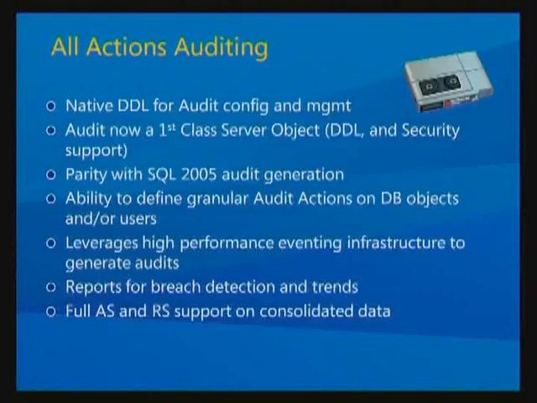There's a parity with SQL Server 2005 audit generation. By that I mean the statement I made earlier that there was instrumentation everywhere in SQL Server 2005. The same degree of selectivity exists here. You have, though, something you didn't have with SQL Trace, which is some control over the granularity.